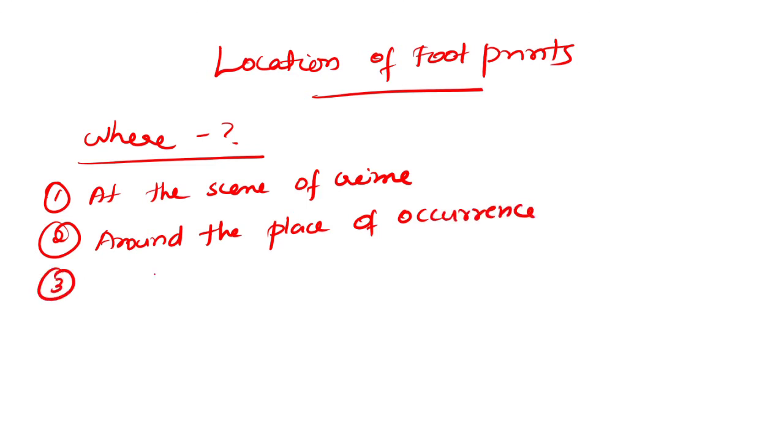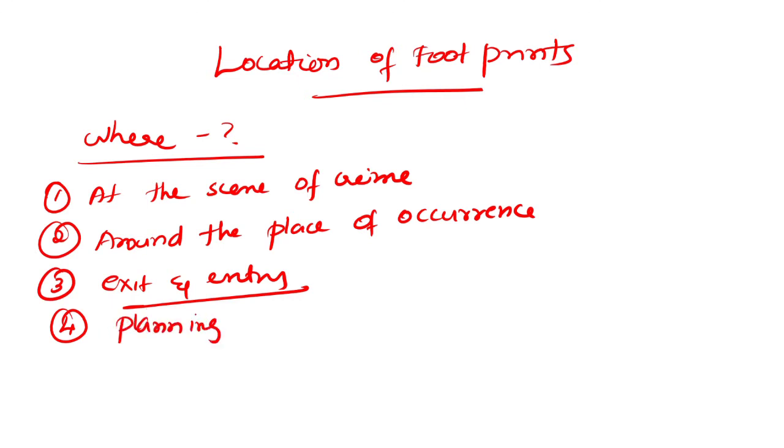Third is along the route taken by the culprit, both at the time of exit and entry. Fourth is the places where the culprits gather together for planning before action and for sharing the booty. So planning places, where he went.